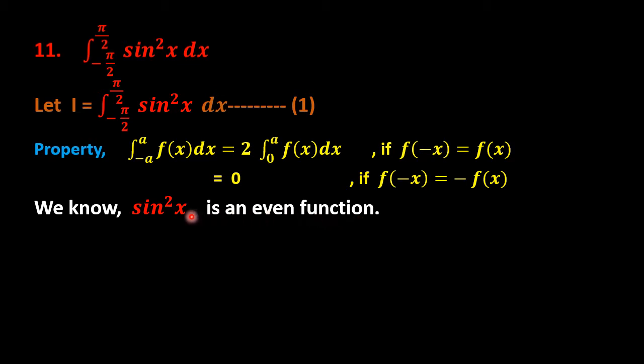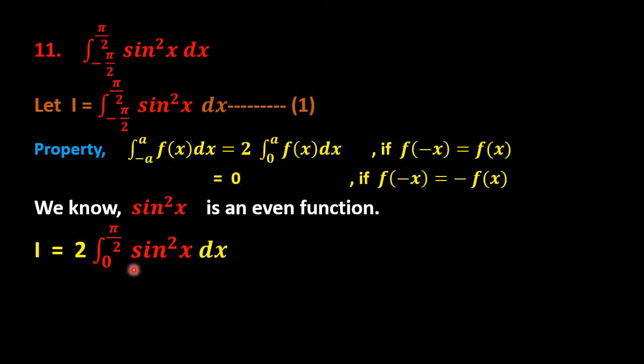Replacing x by minus x, the function remains unchanged, so we call it an even function. For an even function, we use the upper one. Then I equals 2 times the integration from 0 to pi by 2 of sin square x dx. So our lower limit is 0.